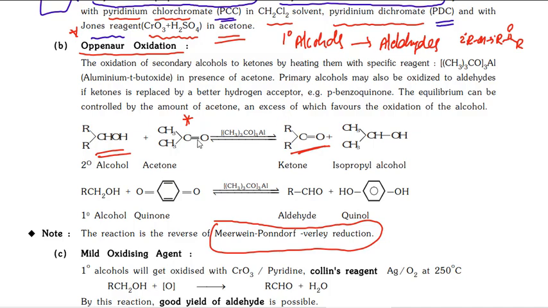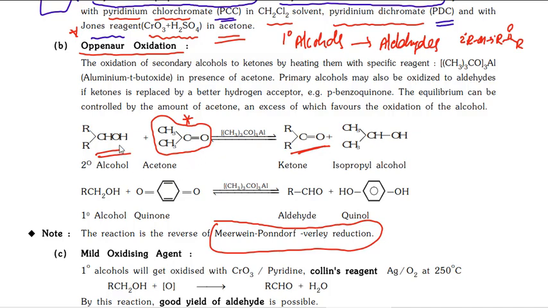But what is the logic here? We need any one ketone, not exactly the same ketone. Suppose here we are taking acetone, but we are making maybe butanone, pentanone, or hexanone. Whatever ketone you want to prepare, you can prepare, but one ketone is required here.